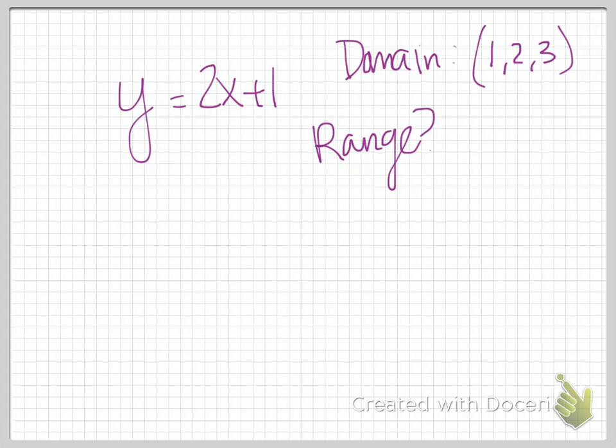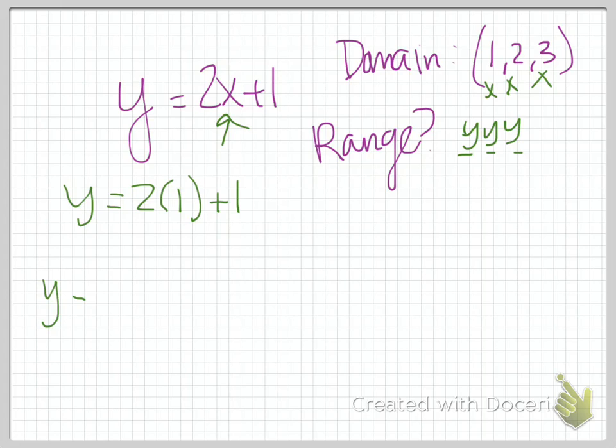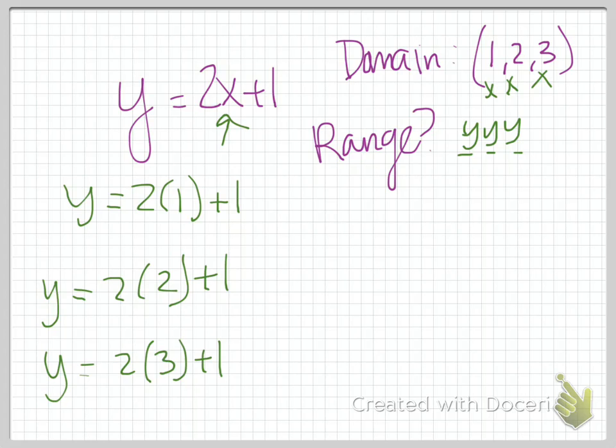Okay, domain is all of my x values. If I'm trying to find my range, it means I'm trying to find my y values. So if I have this equation, I could plug all of my x values in and solve to find my 3 y values. So I'm going to get y equals 2 times 1 plus 1, y equals 2 times 2 plus 1, and y equals 2 times 3 plus 1, so that I'm solving for y to find my y values.